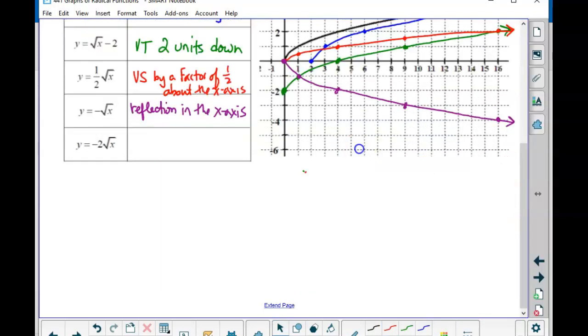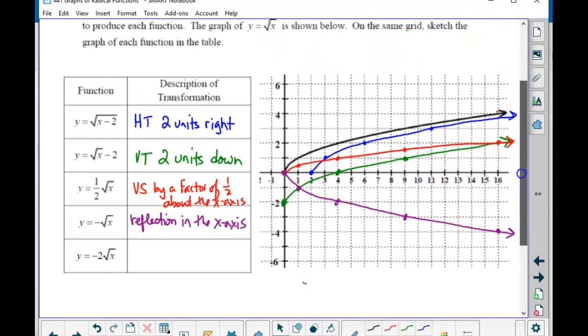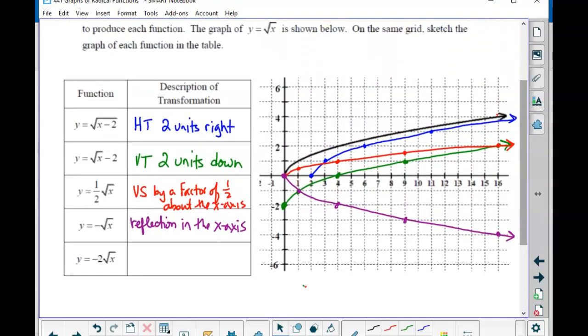And then the last one is a vertical, so we have to stretch and reflect separately. So this is a vertical stretch by a factor of 2 about the x-axis, and then a reflection in the x-axis.